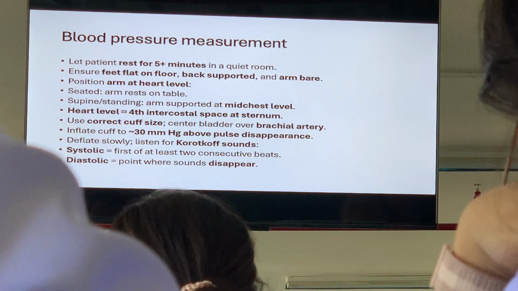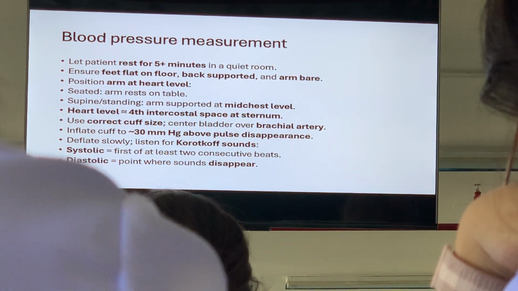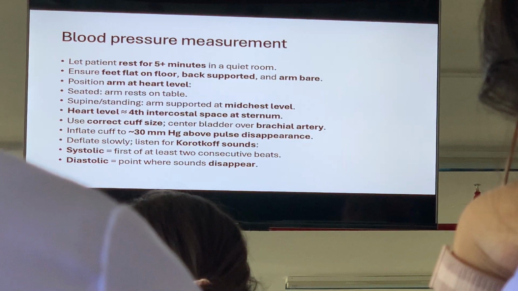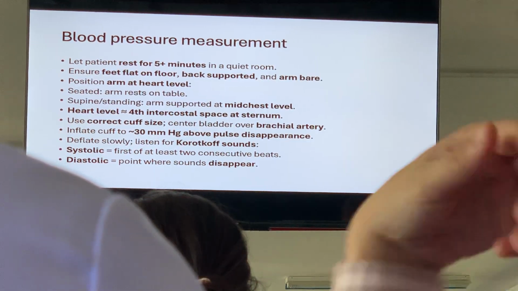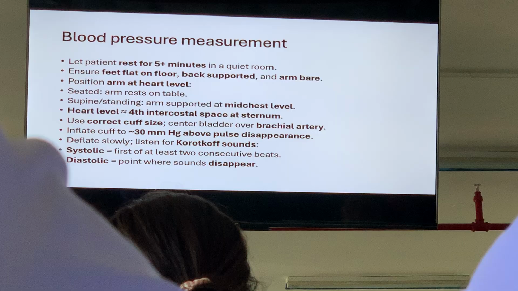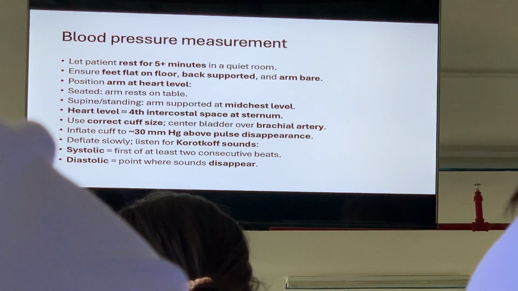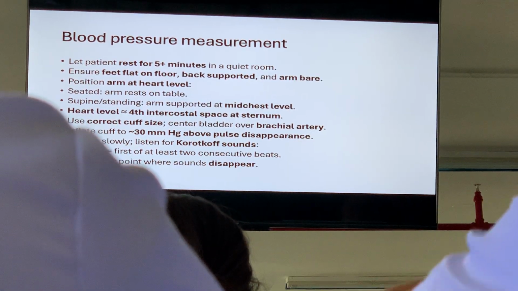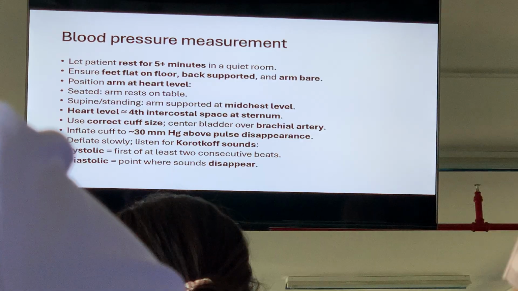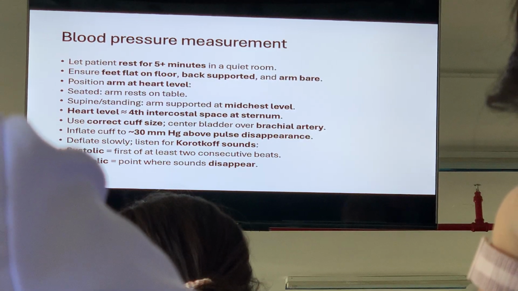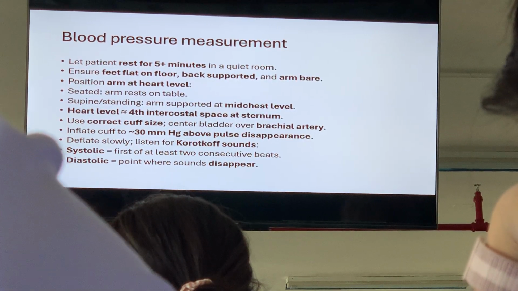Now, you had your BP measurement a week ago, no? So you more or less know how to get the BP. Just for quick bullet points, make sure the patient rests for 5 minutes, the feet are flat on the floor, the back is supported, and the arm is bare, free of clothes.